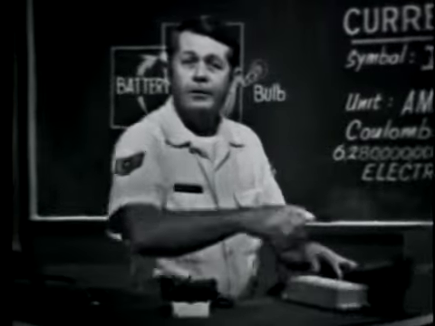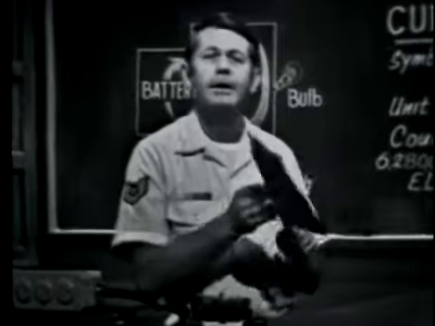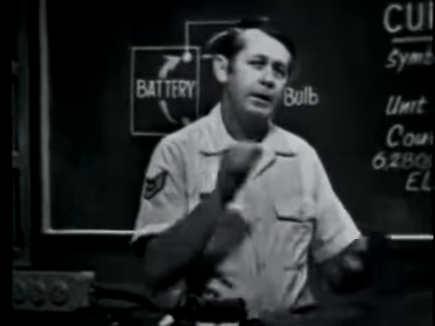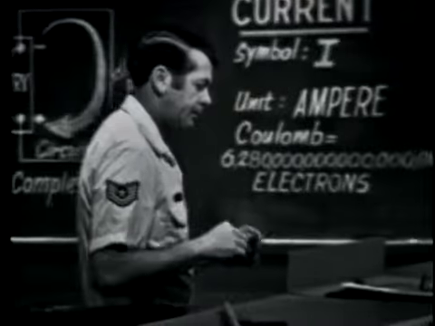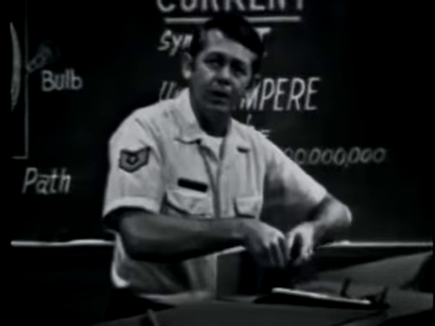Then the holes were actually caused by solid particles penetrating the paper. In the case just a moment ago, then, our bulb glows due to a movement of electrons through the filaments of the bulb. Now remember, this movement of electrons is called current, and current does the work in electricity and also in electronics.